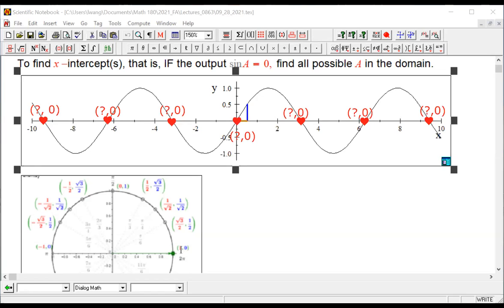Now, which one gave us 0? Blue 0. Where do you see blue 0? How many blue zeros do you see? Those are the output equals 0, right?